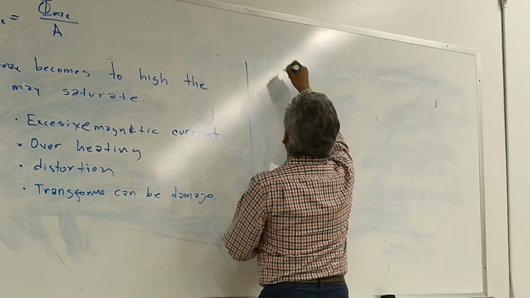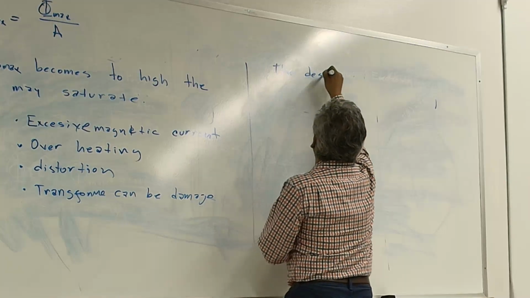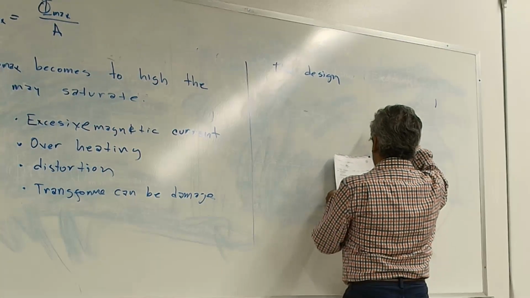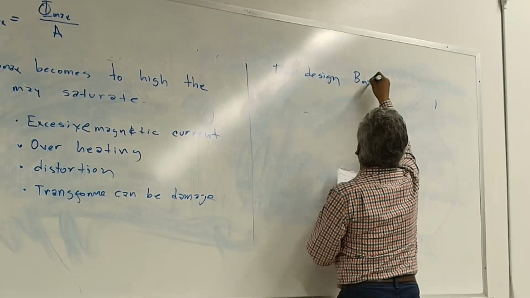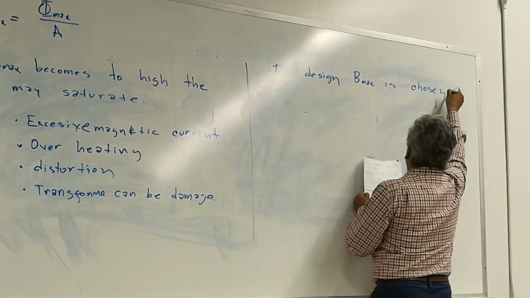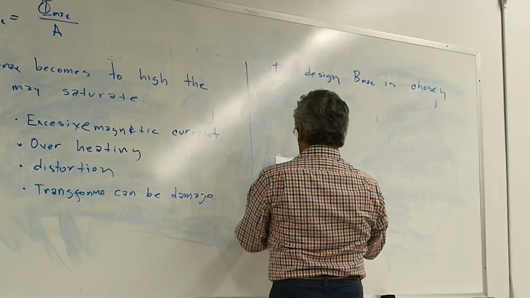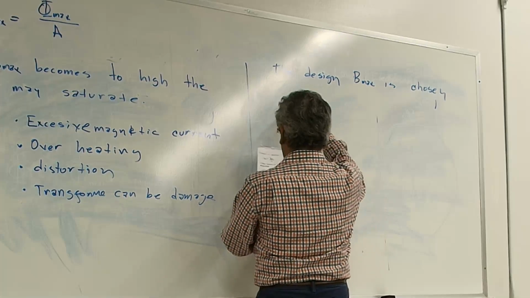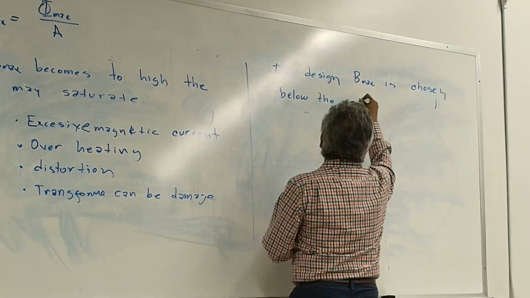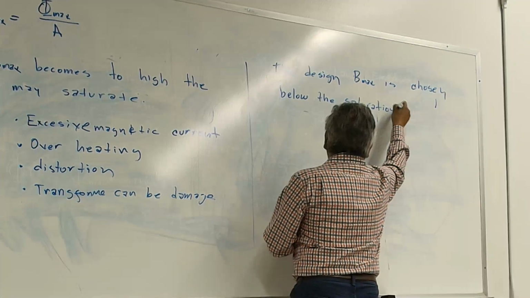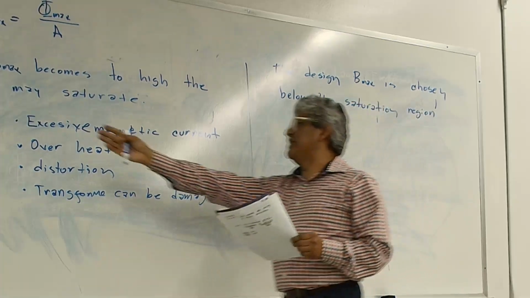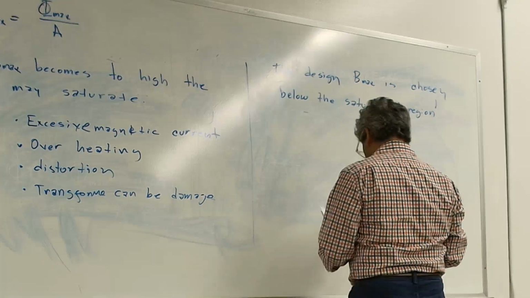Let's say that the design of Bmax is chosen below the saturation region. And when I say that, I'm talking about the hysteresis curve that we talked about.